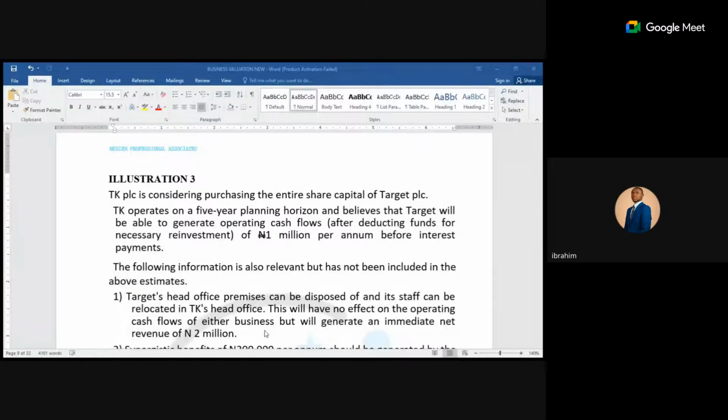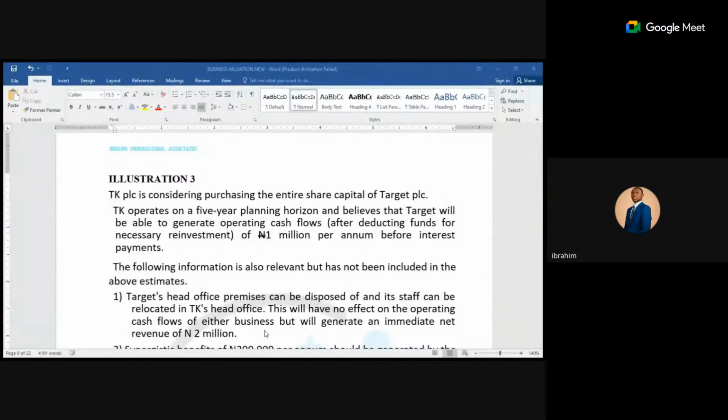Don't forget that TK wants to acquire everything of Target. They are looking at Target's ability to generate cash flow, because what you will pay to acquire Target is what you are expecting Target will generate for you.